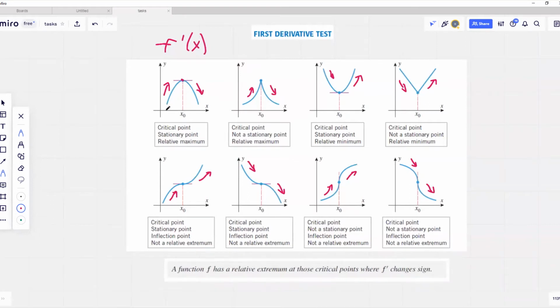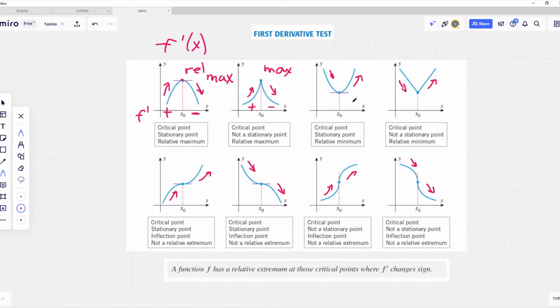So f prime is positive to the left of x0, and it is decreasing after x0, so f prime is negative after point x0. So in this case, we have a relative maximum happening at that x0 point. Similarly in this case, f prime is positive up to x0, negative after this point. So we again have a relative maximum case.